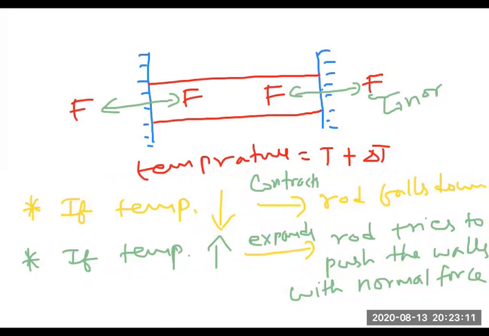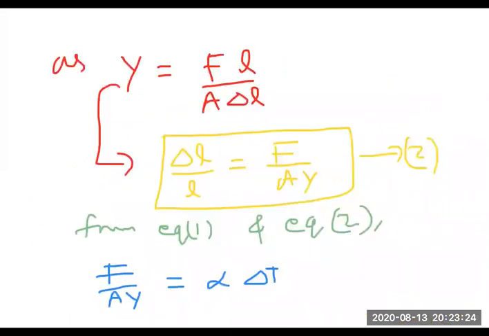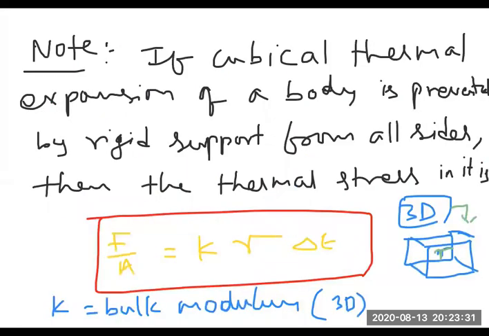Temperature is increasing, so it tries to expand. We connected that with the alpha formula: alpha is change in length by original length into temperature difference. After that, we connected with Young's modulus, and finally we got thermal force and thermal stress. Then at last we connected cubical expansion with bulk modulus. I hope you are clear with this topic now about thermal force and thermal stress.